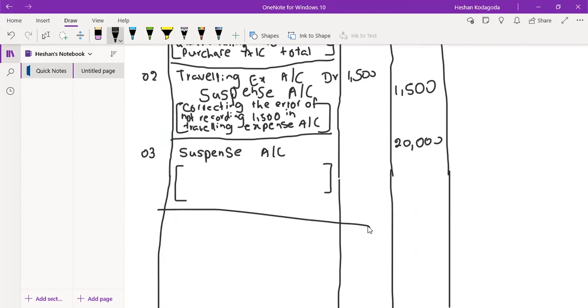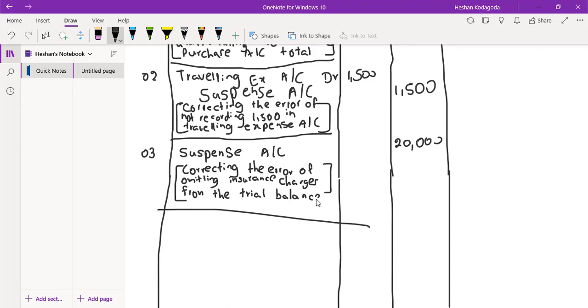You can write correcting the error of omitting insurance charges from the trial balance. Done.